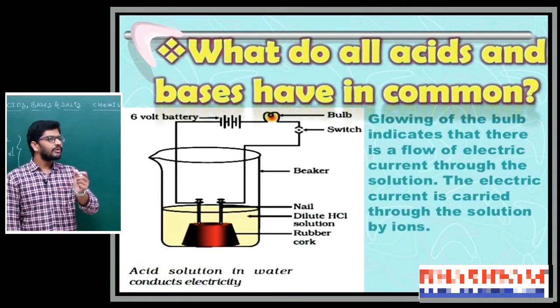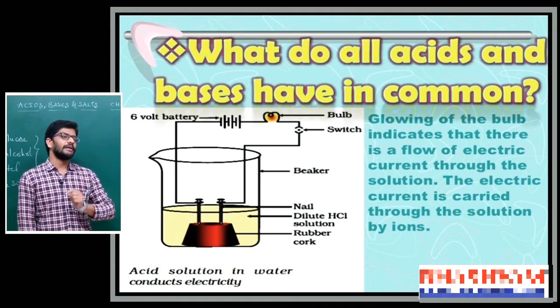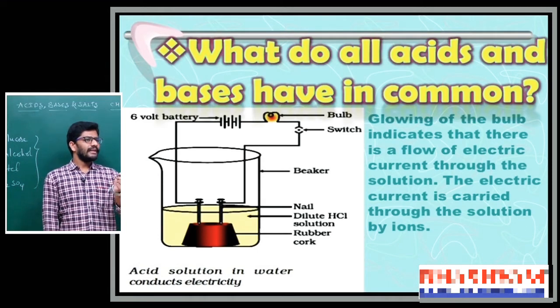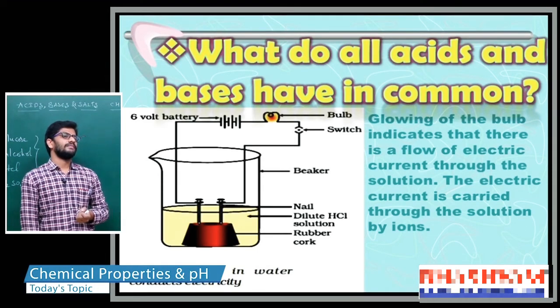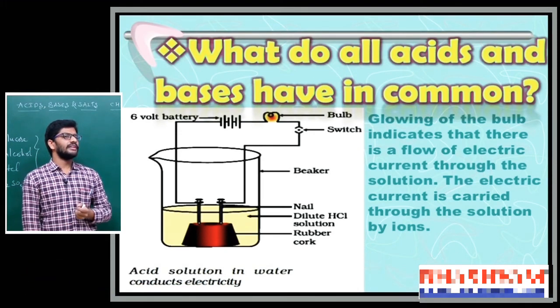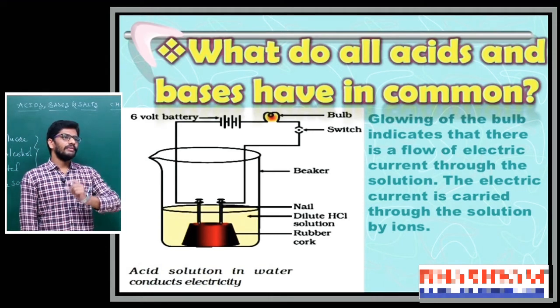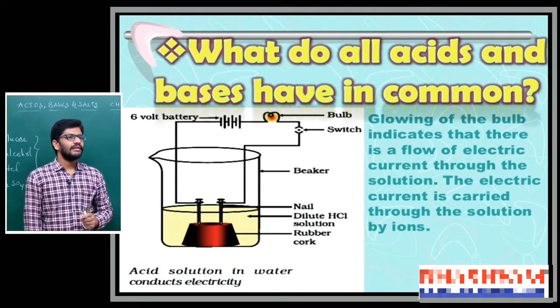Before going to the lab activity, you should first know the requirements for this experiment: a beaker, graphite rods, dilute HCl solution, a rubber cork, a battery and a bulb.